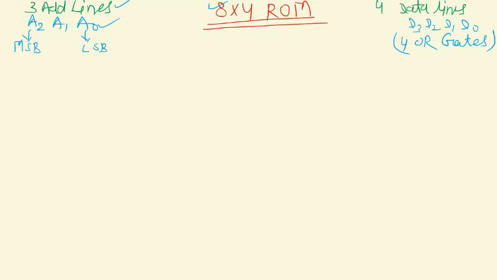How many bits are required to address these 8 memory locations? 3 bits, so 3 address lines are required. The first block of any memory is the decoder. So this is the decoder.